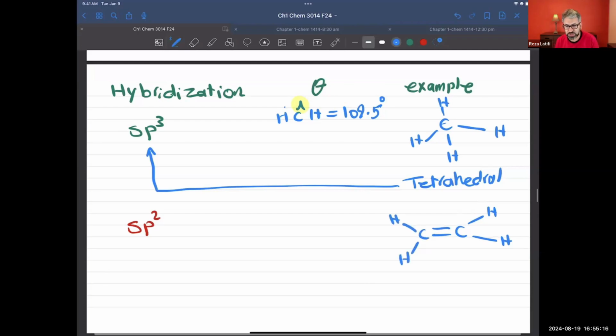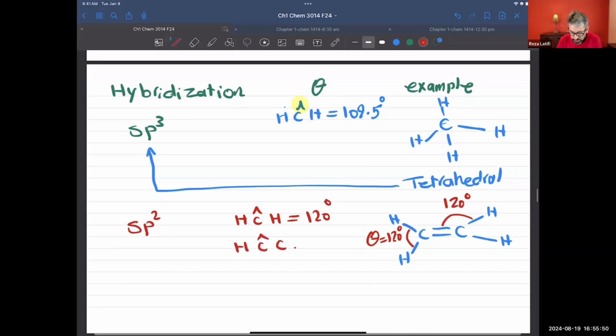Hybridization clearly is sp2. What's the bond angle? If you look at this bond angle, the expected bond angle here is around 120. How about this bond angle? Also expected to be around 120. So the bond angle between hydrogen, carbon, hydrogen, we expect to be around 120. The bond angle between hydrogen, carbon, carbon, that one is also expected to be 120.